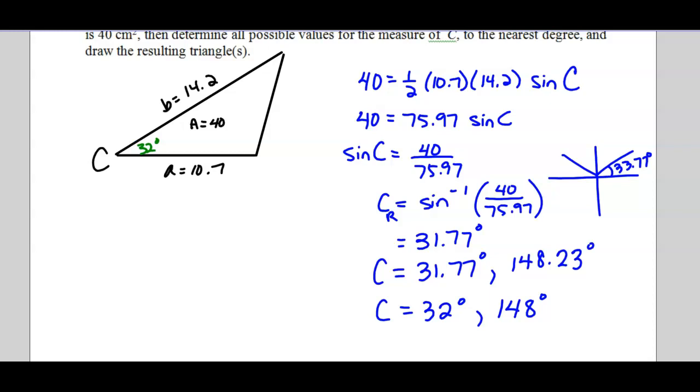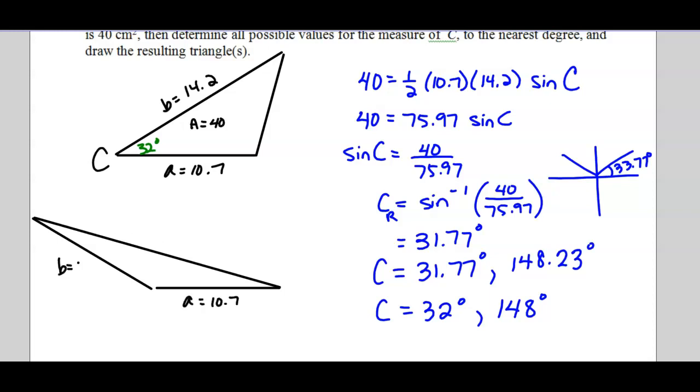So if we have A here, and then B this way, something like that. So this would be A equals 10.7, B equals 14.2, and this would be 148.